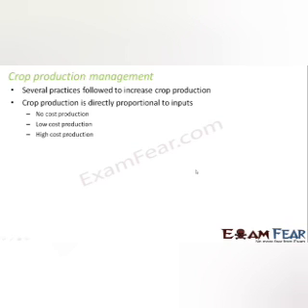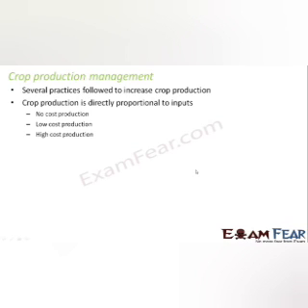For example, if you want to put some special chemicals which will help in more crop production, or you want to implement something else which we will talk about in the next few slides. So a farmer's purchasing capacity decides the cropping system and the production practices which he is going to follow.